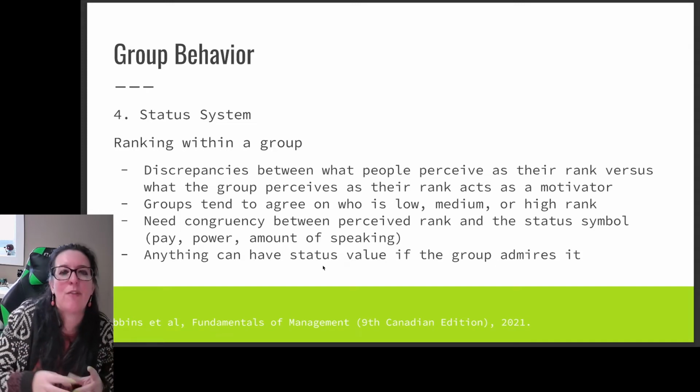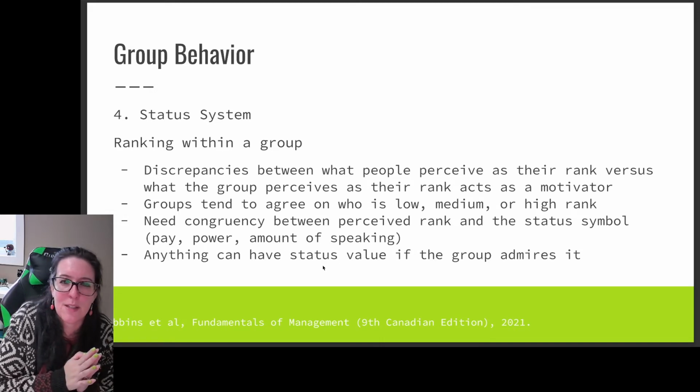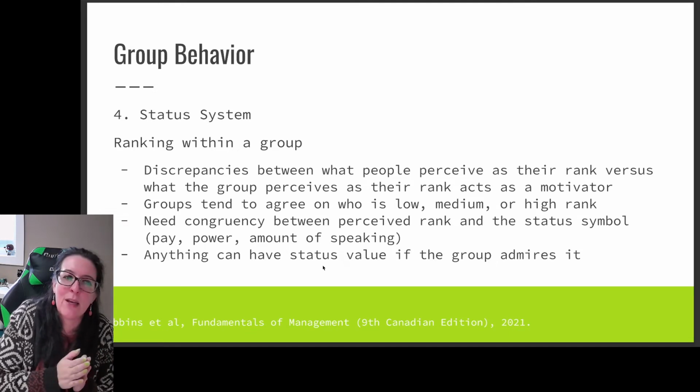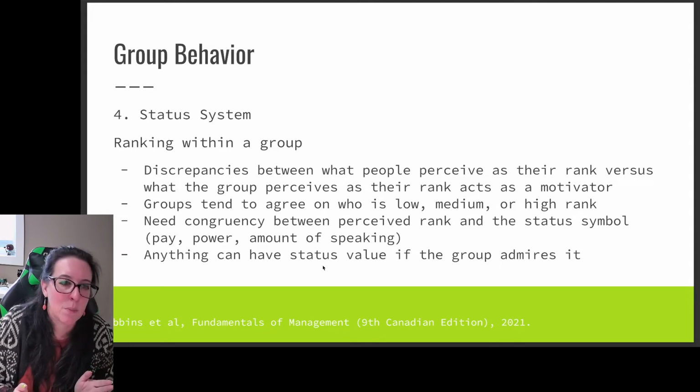That tends to motivate. So we tend to try to bridge that gap between how we think we are seen and how we see ourselves. The other thing is that we need congruence between how we perceive our rank and the status symbols.